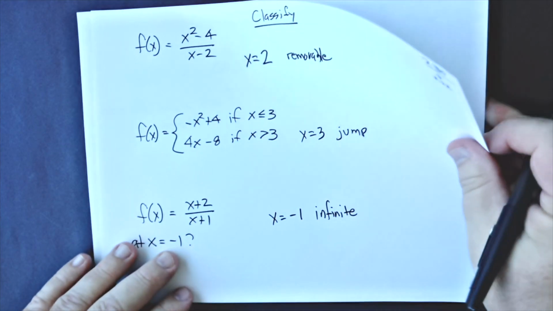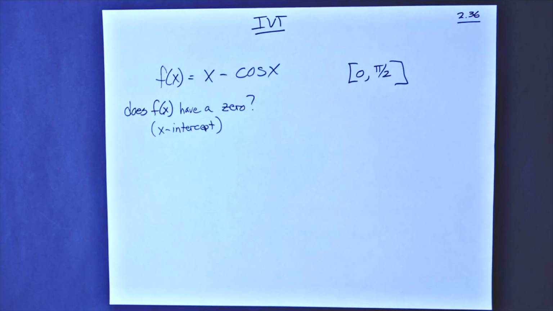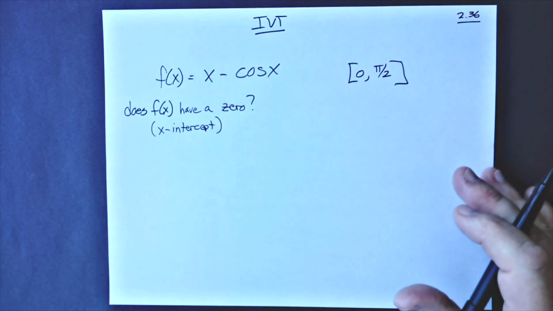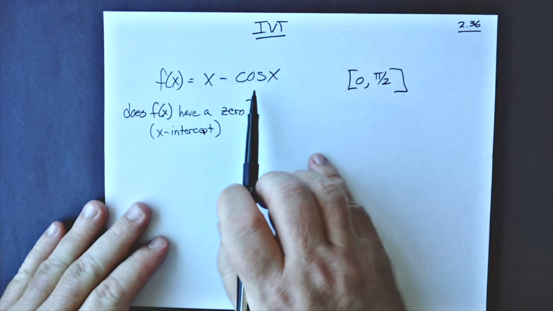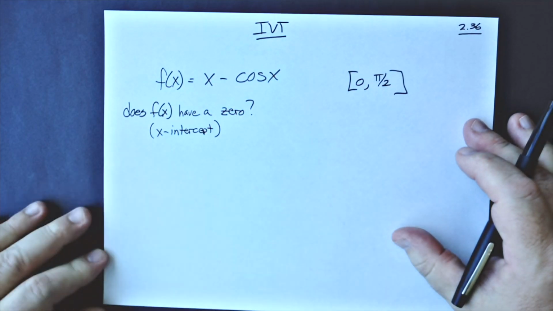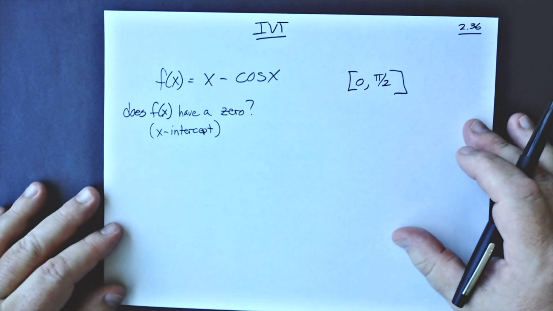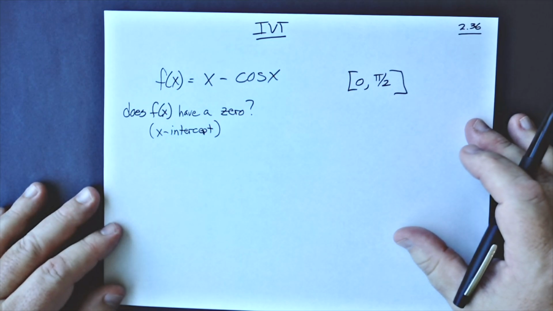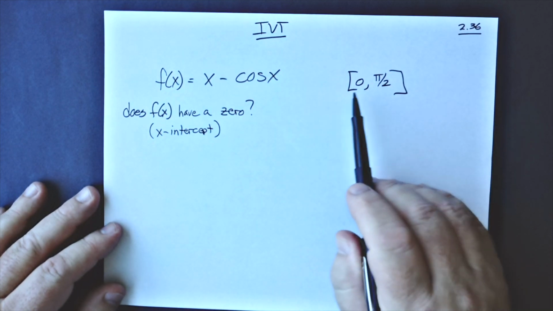And let's see, what else do we have here? Oh, just a super simple IVT problem. We're going to do this later on when we're studying, but we're just kind of introducing it now. So here's a function, x minus cosine x. And over this closed interval, we want to say, is there a 0? Is there a 0 in between those values? So what we do is we test the ends, right?